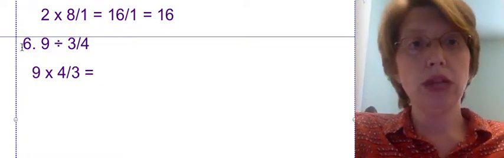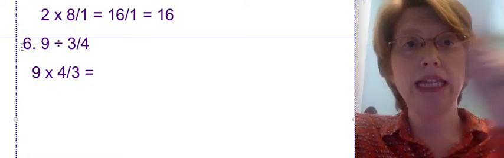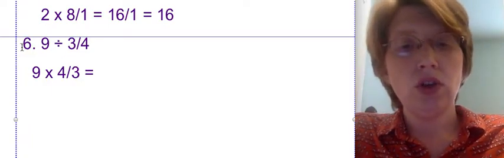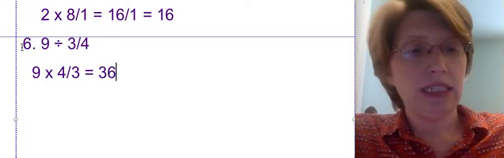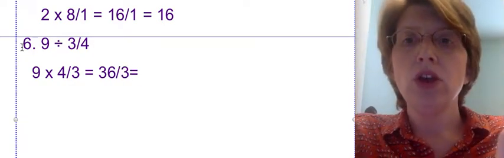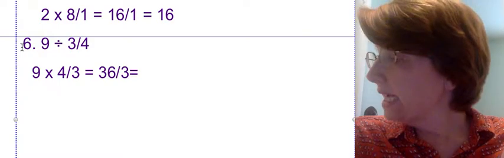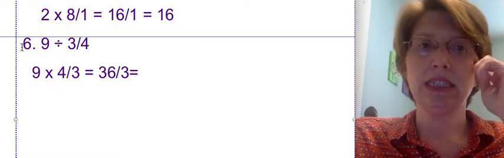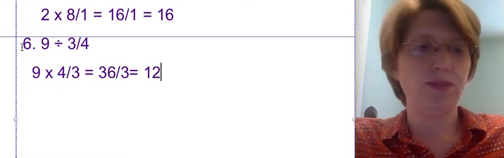Now, so multiply straight across the top. 9 times 4 is 36 divided by 3. We bring the denominator straight over. 36 divided by 3 is 12.